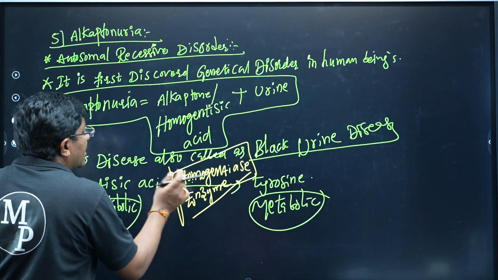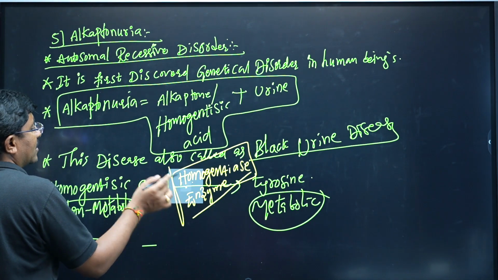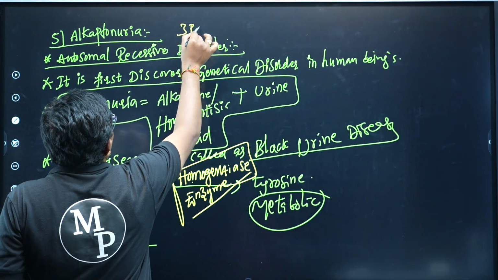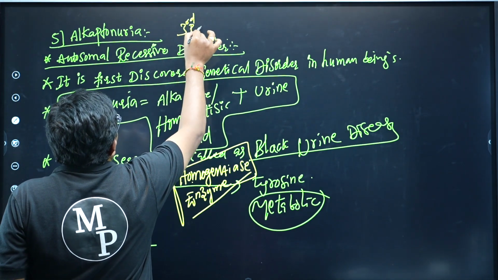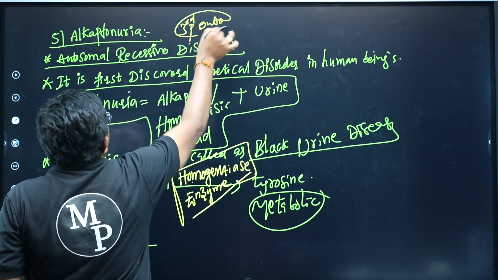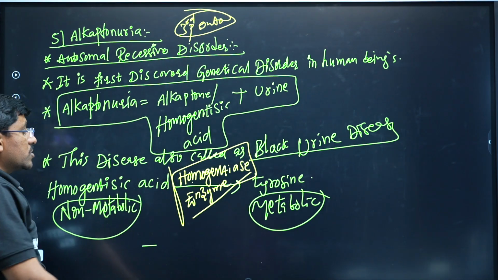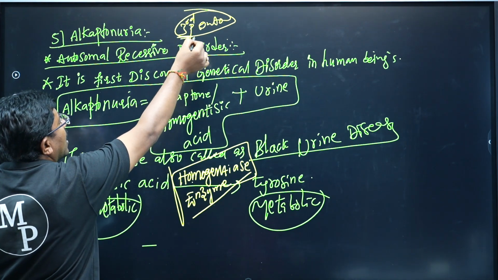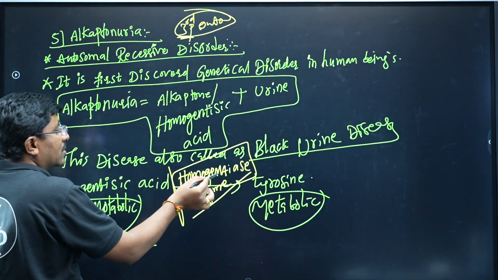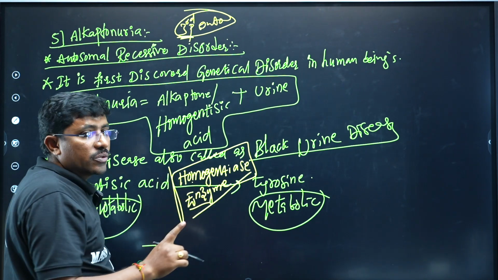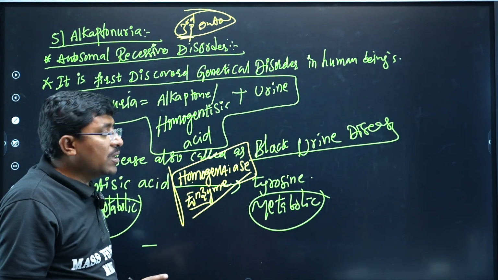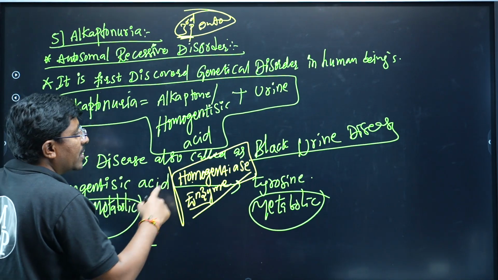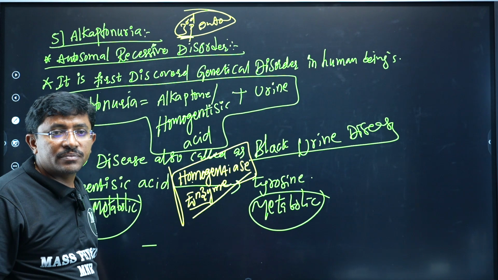This enzyme is synthesized by a particular gene. The gene is present on the third pair of autosomes. So due to the effect of the gene on the third pair of chromosomes, this enzyme cannot be produced in the human body. Without this enzyme, homogentisic acid cannot be converted into tyrosine.